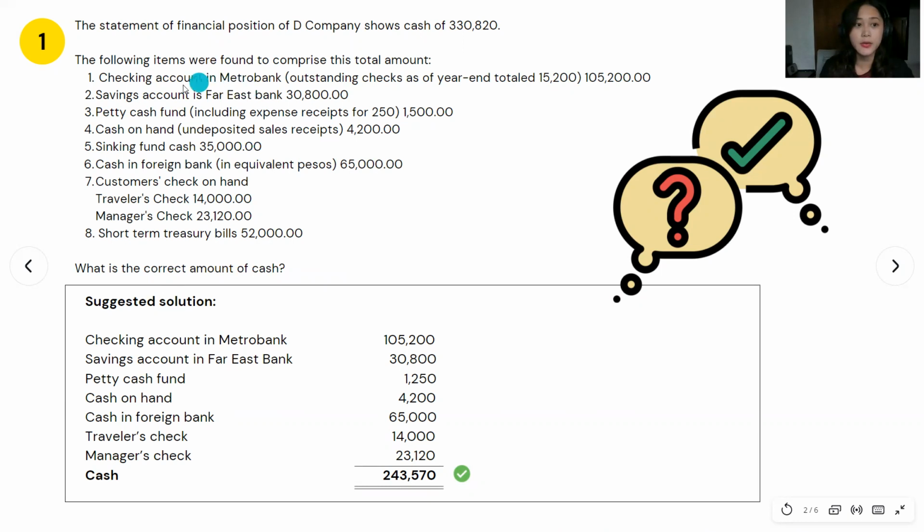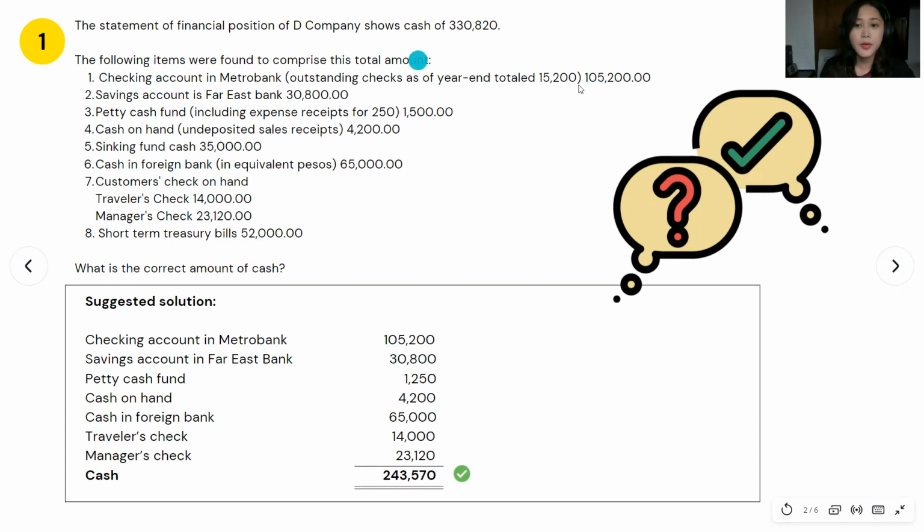So given here are yung checking account in Metrobank with outstanding checks as of year-end, 105,200 yung checking account, savings account 3,800, petty cash fund including expense receipts for 250, 1,500 yung total petty cash fund, cash on hand, sinking fund cash, cash in foreign bank, customers check on hand, yung traveler's check niya, manager's check, and short-term treasury bills. So, ang question is, what is the correct amount of cash?